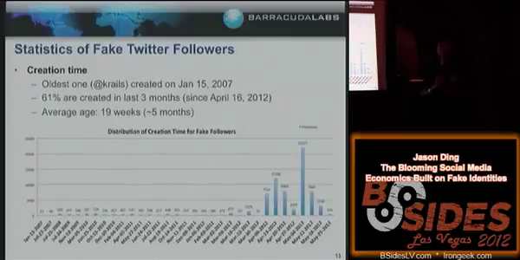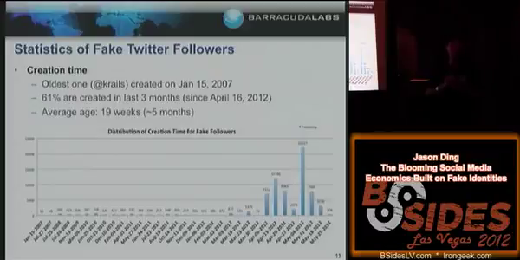If you read the tweets, it's not like a spam or fake account. It retweets some stuff. On average, 61% of these fake accounts were created in the last 3 months, and the average age of these fake accounts is about 19 weeks, about 5 months.